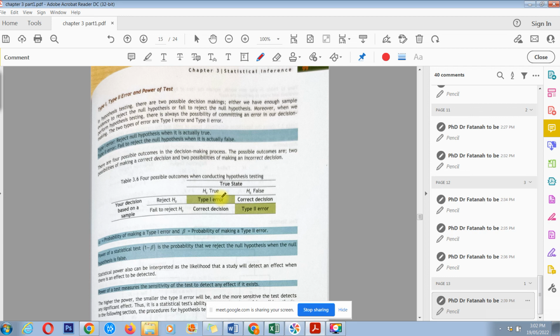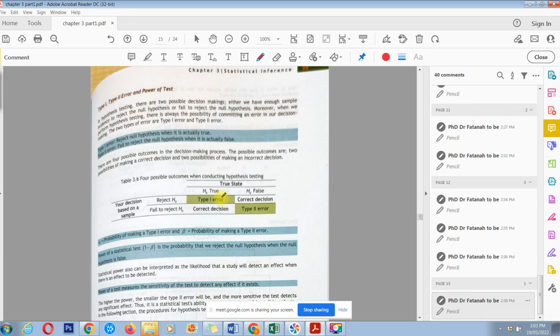So we conclude wrongly, and a type 2 error happens because actually H0 is false, but we say it is true. H0 itu salah, tapi kita cakap betul based on the figure yang kita ada.